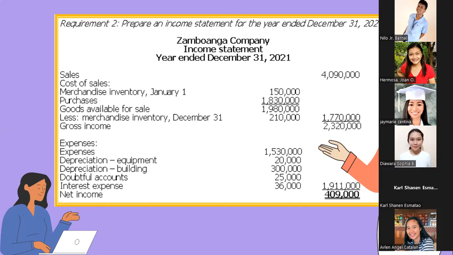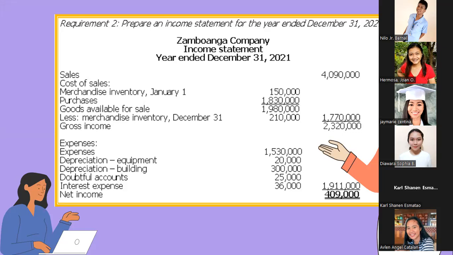Normally, when you record depreciation expense, what is your entry? How do you record depreciation?